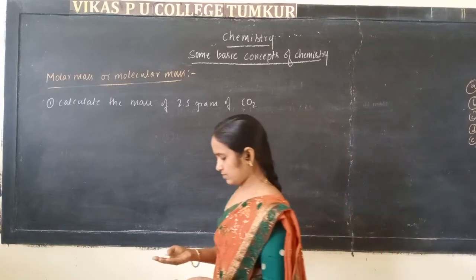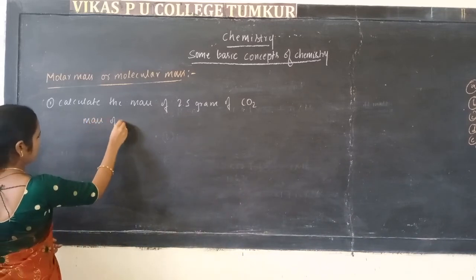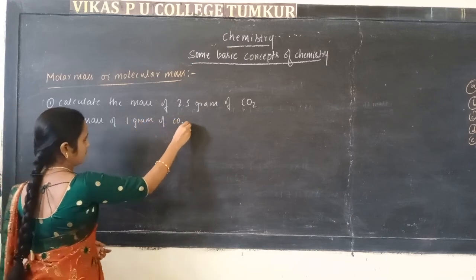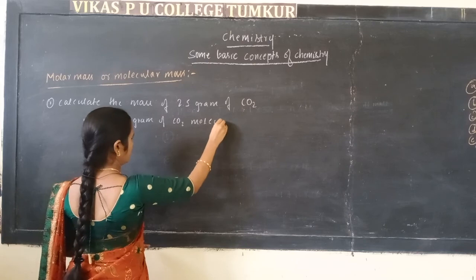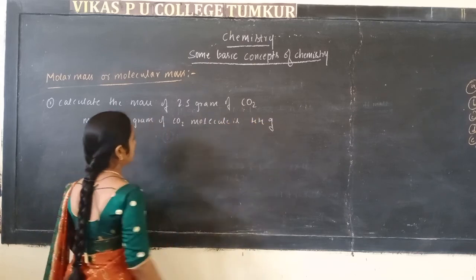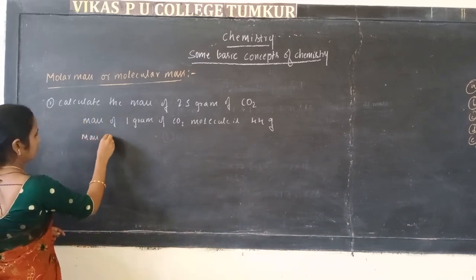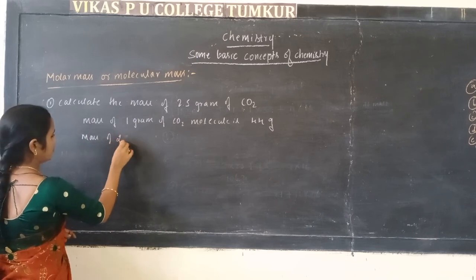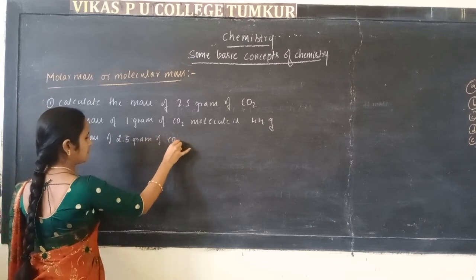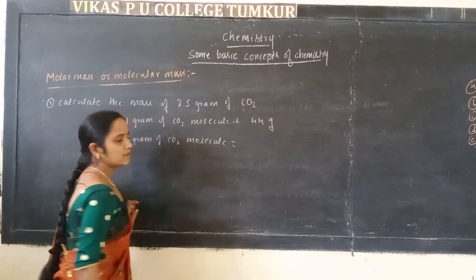So the mass of 1 gram molecule of CO2 is 44 grams. Then the mass of 2.5 gram molecules of CO2 is equal to, how to calculate?